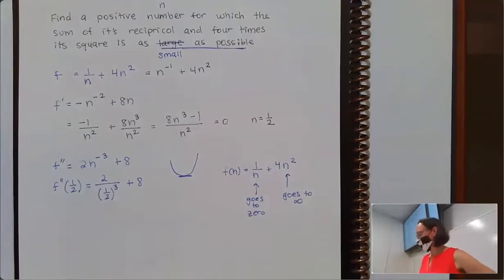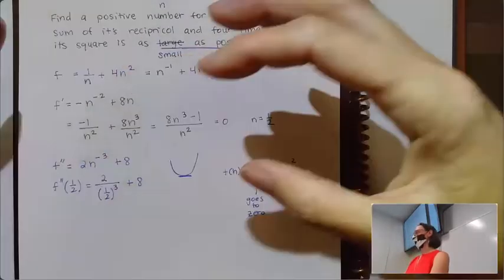Most of the time though, when we get a problem, it works out like what we wanted to show. The only time that I've seen it not work out that way is if you were given an additional constraint.